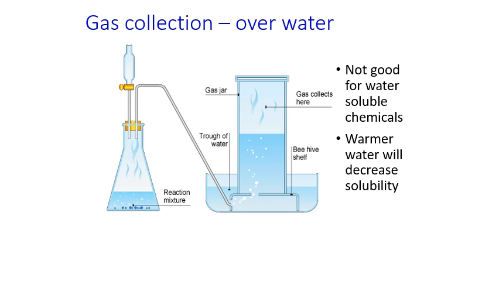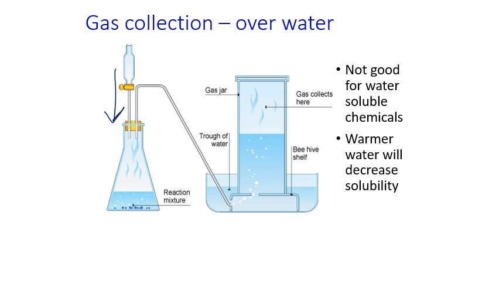You can also have gas collection over water. This, of course, is not very good for water soluble chemicals, because then the chemicals just dissolve in the water. And warmer water will, of course, decrease the solubility in this particular example. So in this example here, we have a slow reaction, so the chemicals are being slowly dropped in over a certain amount of time.